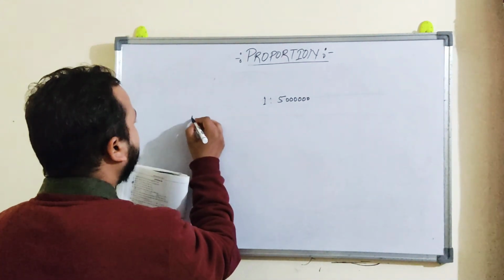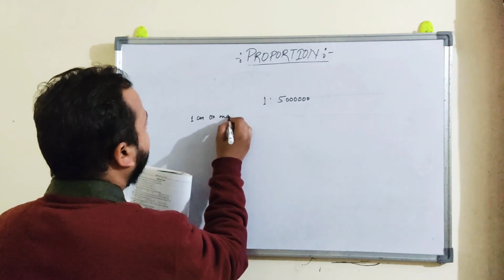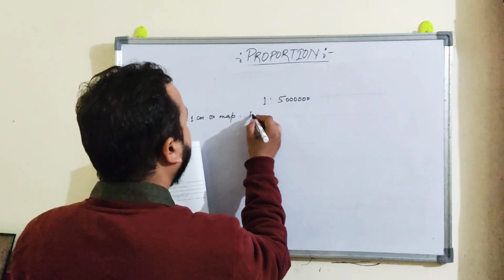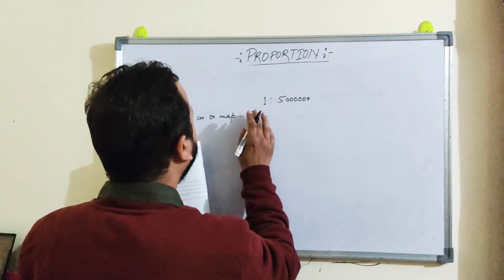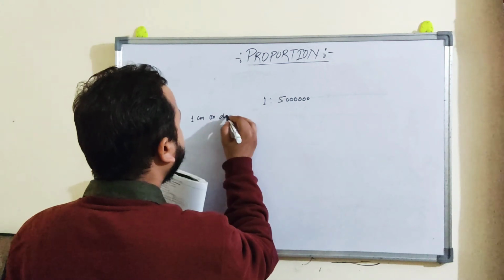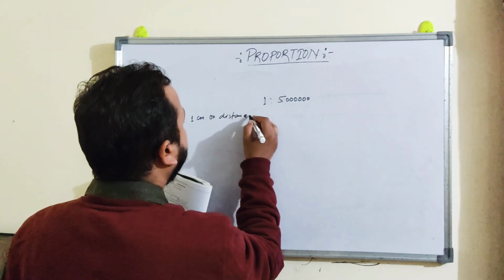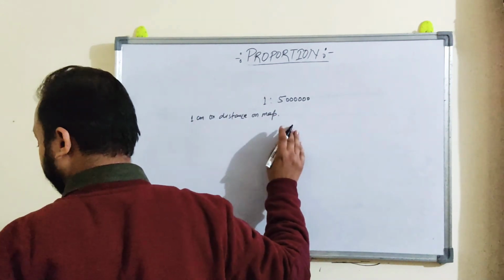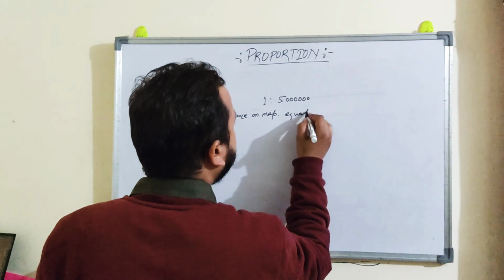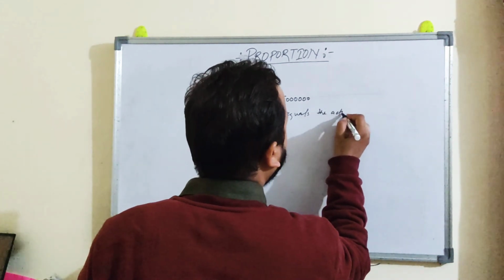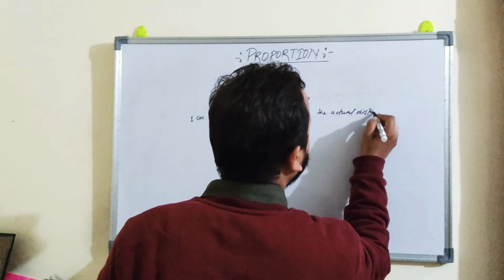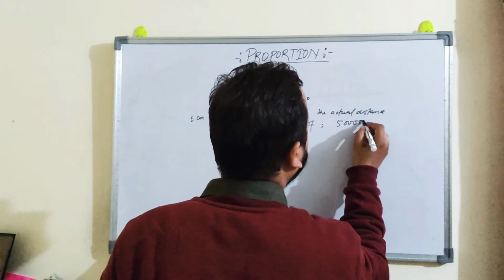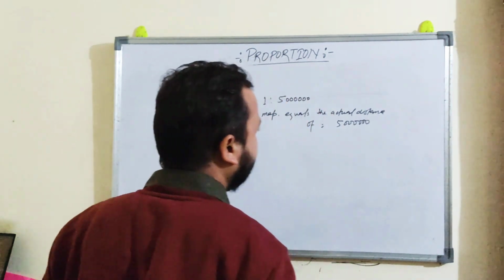So you can say that 1 centimeter distance on the map equals the actual distance of this much, right? This is in centimeter.